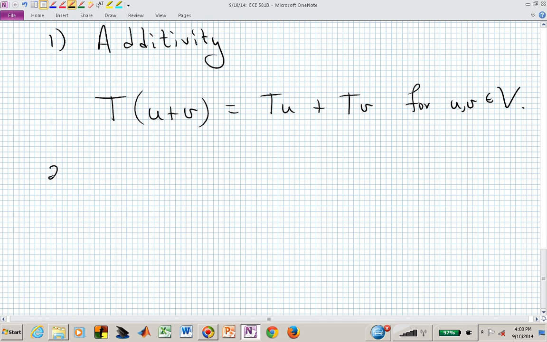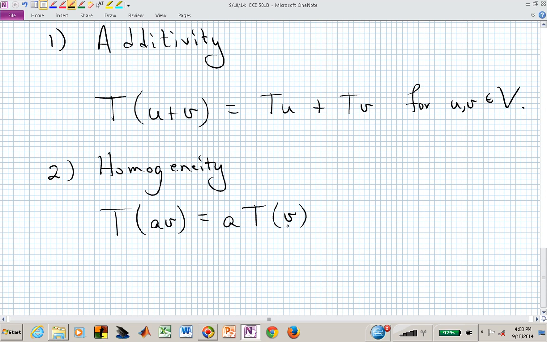It also has to have a homogeneity property. For all scalars F and V in our vector space.